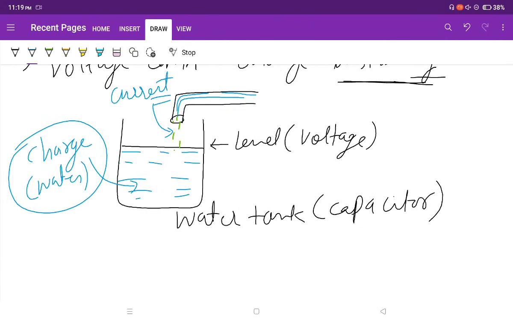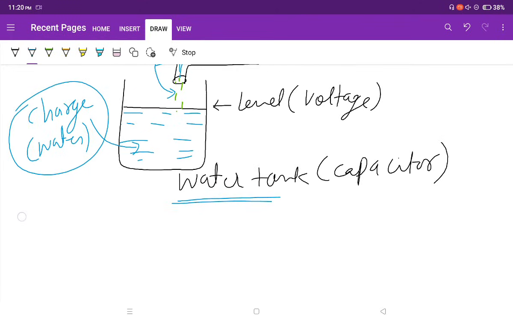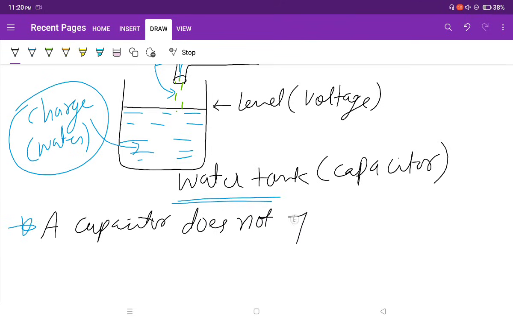In our previous video we saw that a capacitor stores energy in its electric field. To change voltage instantly, we would need to create that electric field instantly, and that requires moving charge very fast, which requires infinite current, and infinite current cannot be provided. So what we can conclude is, a capacitor does not oppose voltage itself.